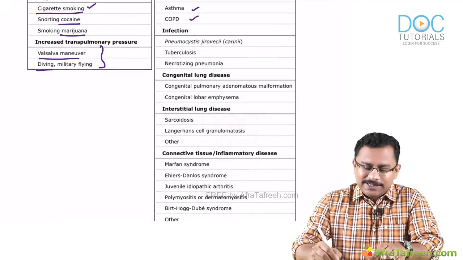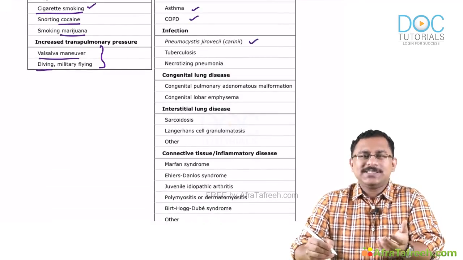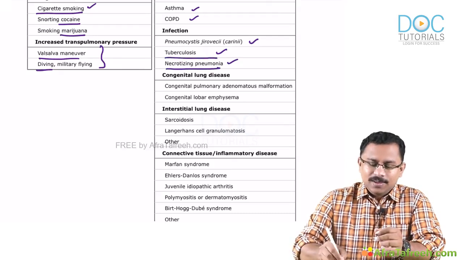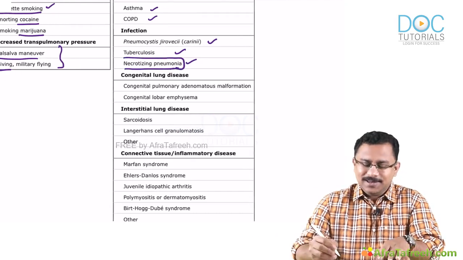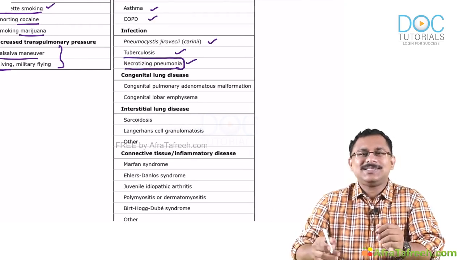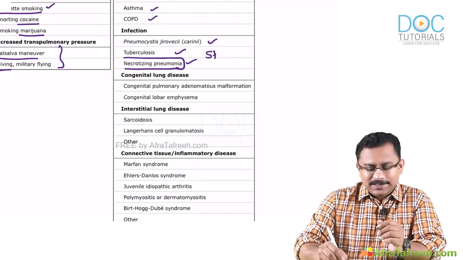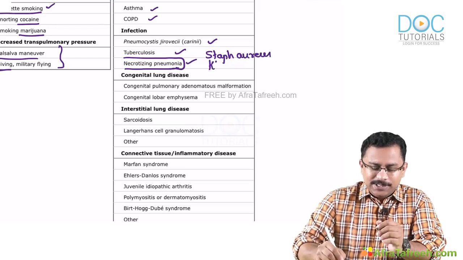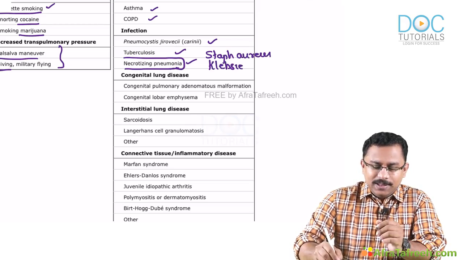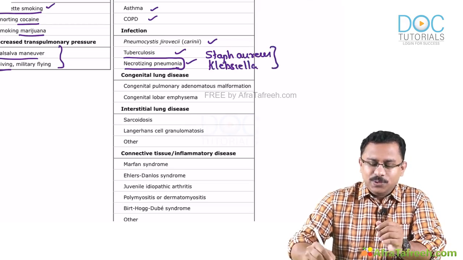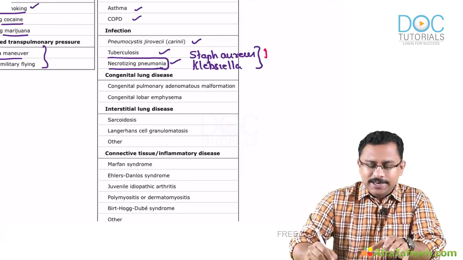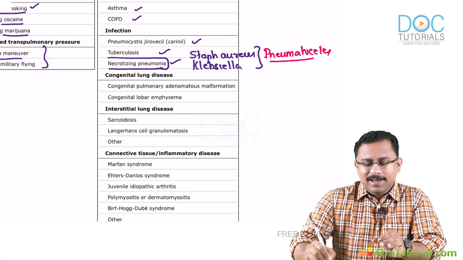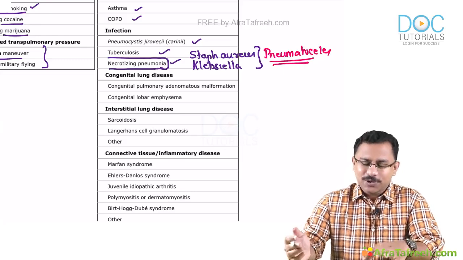As a part of infections like pneumocystis jirovecii, tuberculosis and necrotizing pneumonia, you have got to know that two organisms, especially your Staph aureus and Klebsiella, they are very well known to produce pneumatoceles. Okay, they can produce pneumatoceles, and the rupture of which can cause pneumothorax.